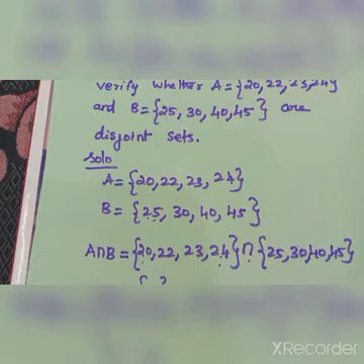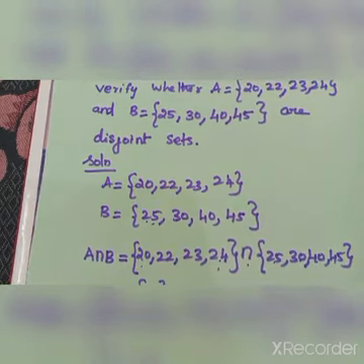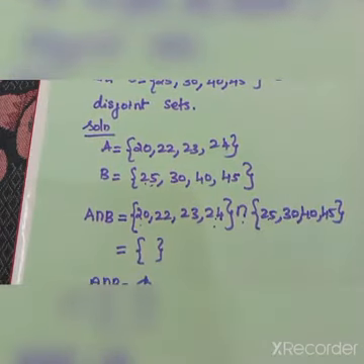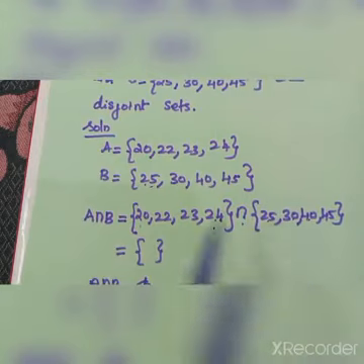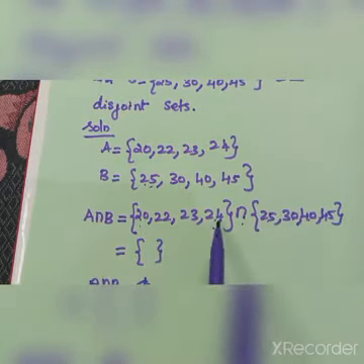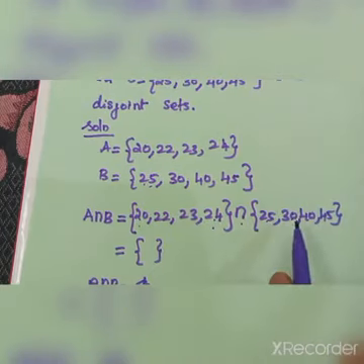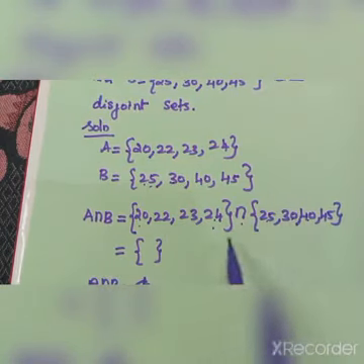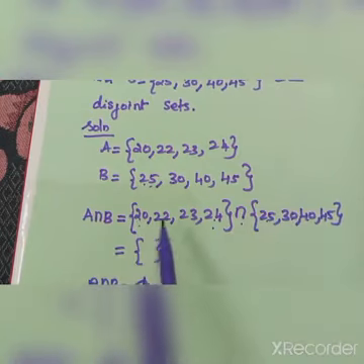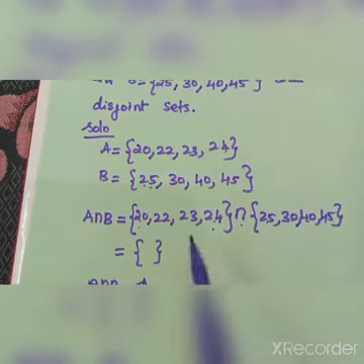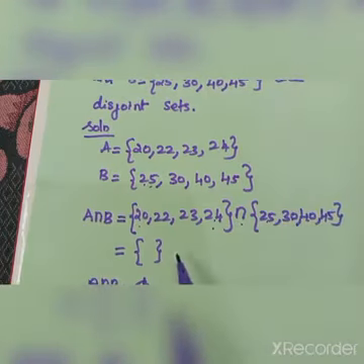For that we have to find A intersection B. A intersection B is equal to the A set intersection the B set. The A set is {20, 22, 23, 24}, and the set B is {25, 30, 40, 45}. Now compare the elements. Are there any common elements in both sets?